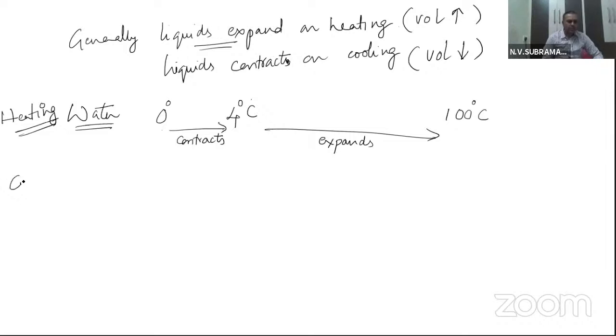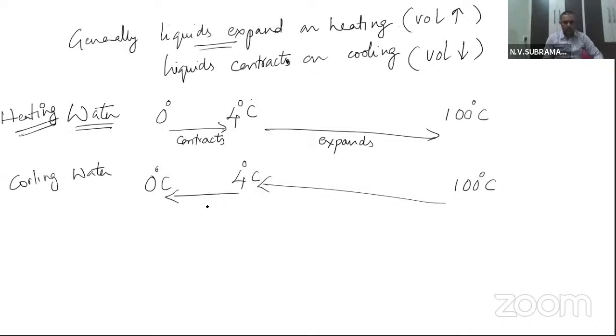Similarly, cooling, I will explain you. See, cooling. When you cool the water, what happens? Let us say I am cooling from 100 degrees centigrade backwards up to 0 degrees centigrade. Cooling, I will draw reverse diagram. Okay, like this. Reverse means cooling process. Right? Now I'll ask one question.